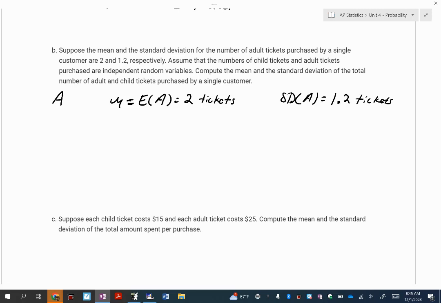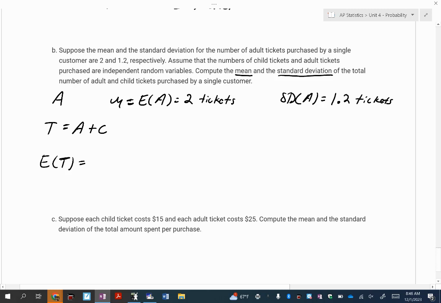It wants us to find the mean, again, that's expected value, and standard deviation for the total number of adult and child tickets purchased by one customer. So I'll say that this is T, which is going to be A plus C. All right, so how do I find the expected value of T?